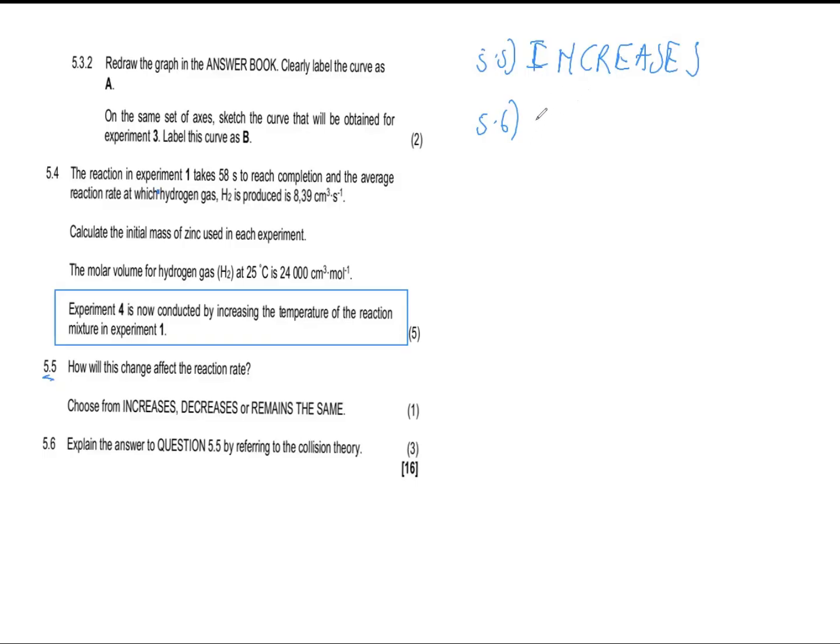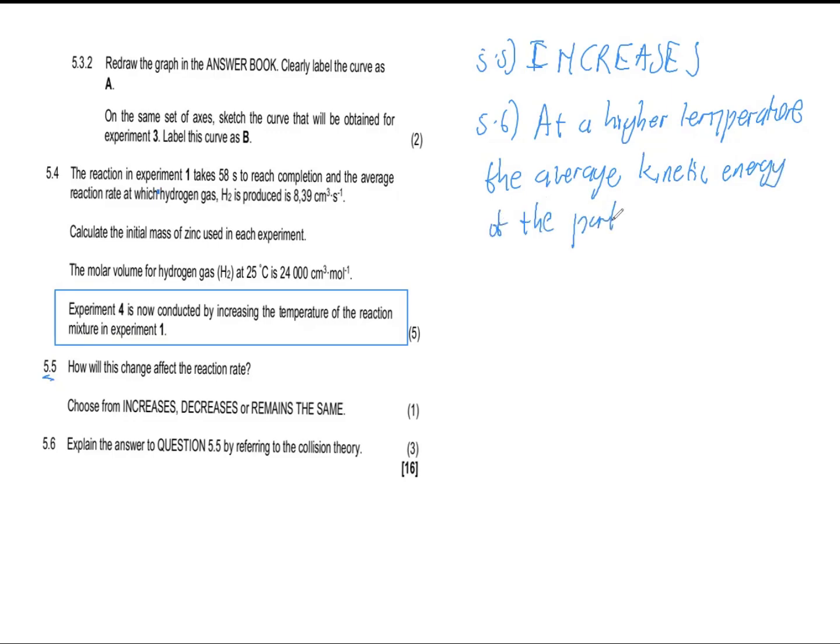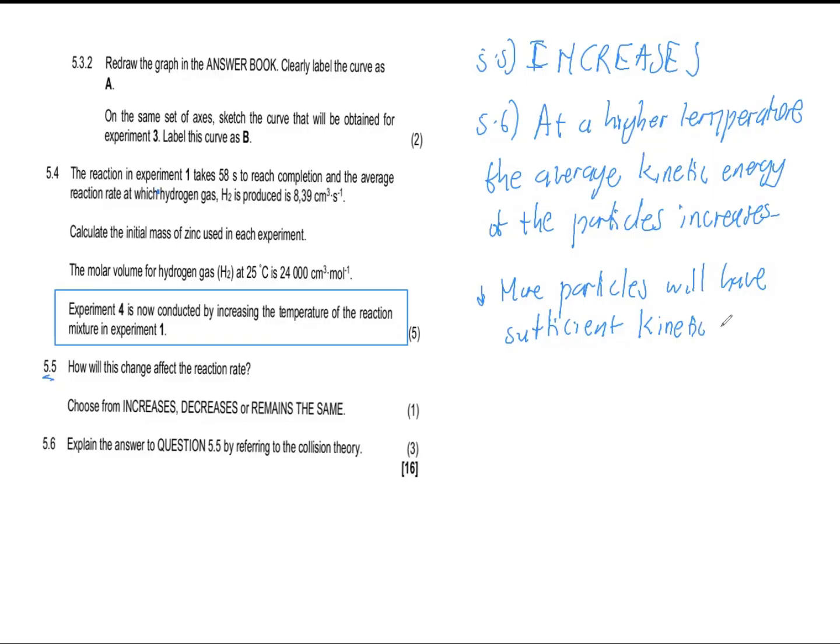You're going to say at a higher temperature, the average kinetic energy of the particles increases, which means more particles will have sufficient kinetic energy to collide, because now the kinetic energy is greater than the activation energy.